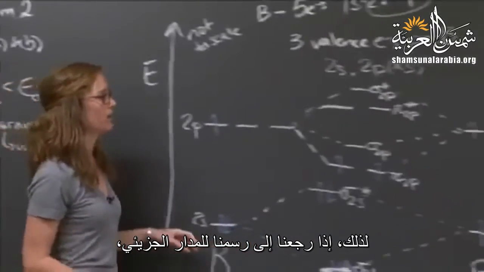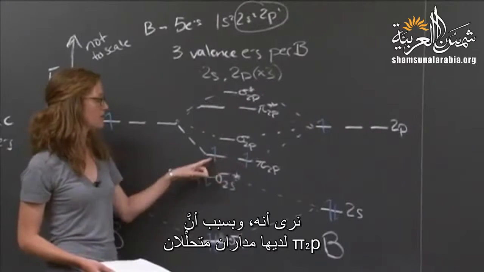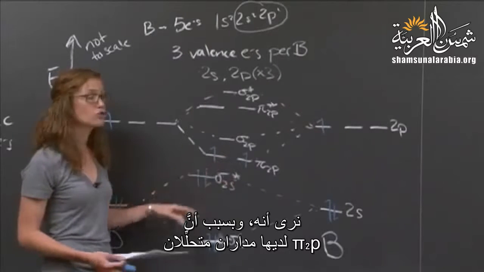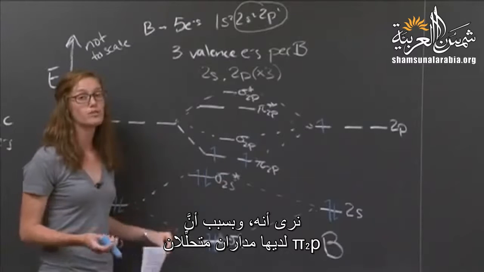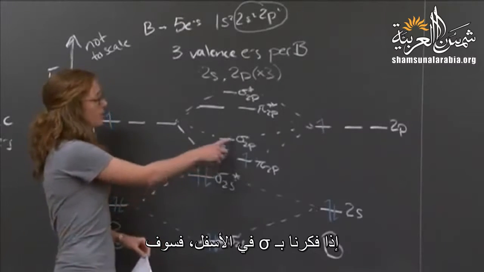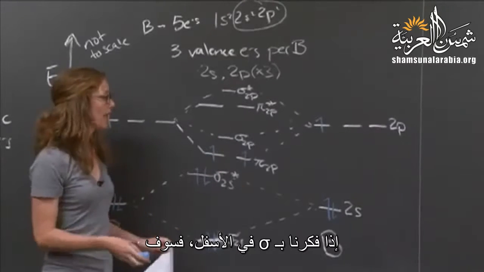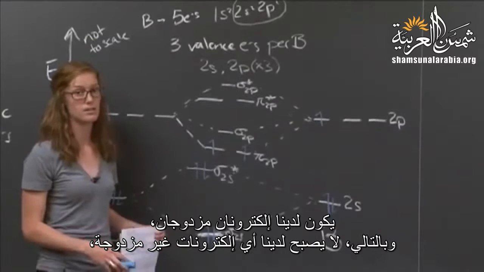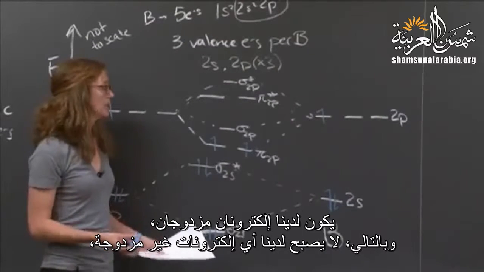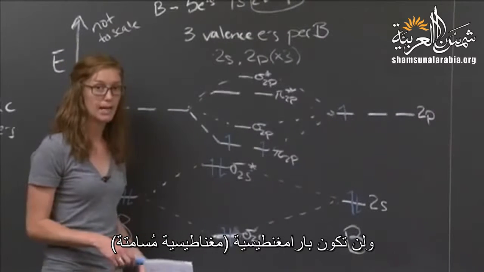So if we go back to our molecular orbital diagram, we see that because the pi 2p have 2 degenerate orbitals, we can have unpaired electrons. If we think about the sigma being below, we would have paired up those electrons and therefore gotten 0 unpaired electrons, and it would not be paramagnetic.